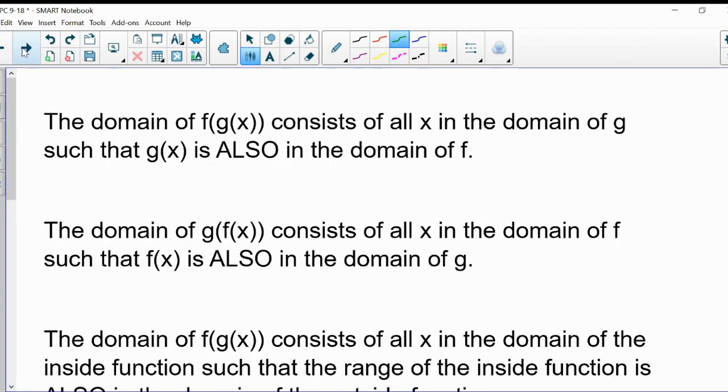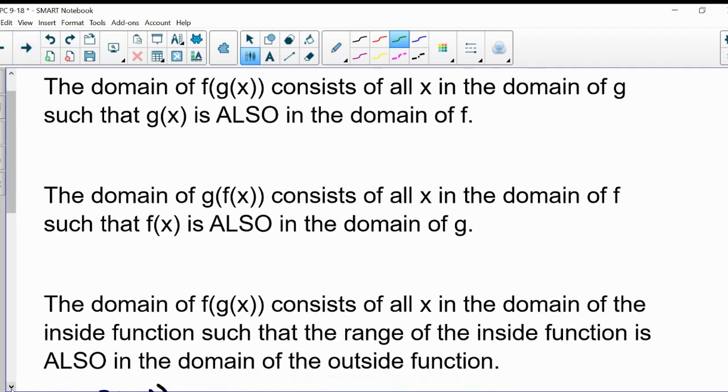And so now here's the big takeaway for domains. I've already typed it out to try and make it as quick as possible. The domain of some composite function, f of g of x or g of f of x or whatever, consists of all x's in the domain of the inside function that also make the range of the inside function be a part of the domain of the outside function.